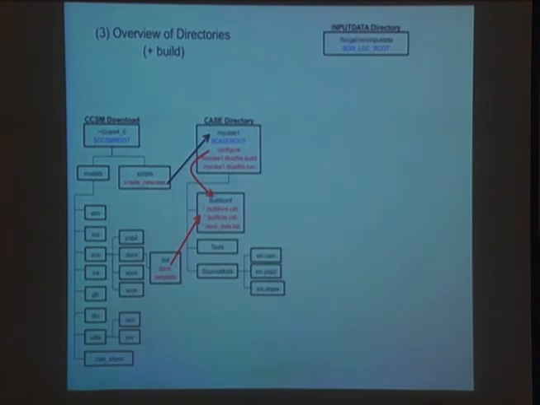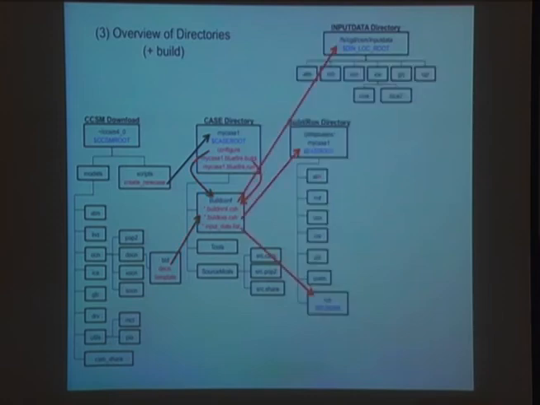And here's what happens in the directory structure world. We had all this stuff. We ran build, and so the arrow up here is about checking, do you have all the input data you need? This business here is a place where the code's going to be, where it's going to compile and run.